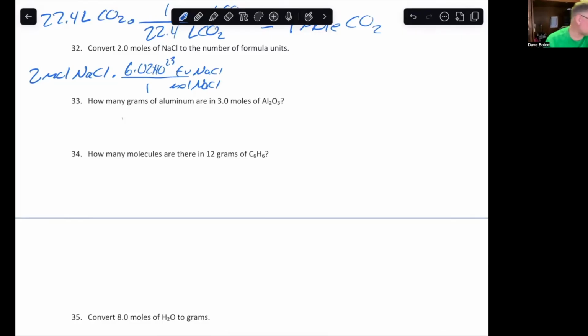If you are not sure about how to put scientific notation in a calculator, make sure to check out question 7 of part 2. So this is question 32, and it is going to equal about 1 to 2 times 10 to the 24th formula units of NaCl.